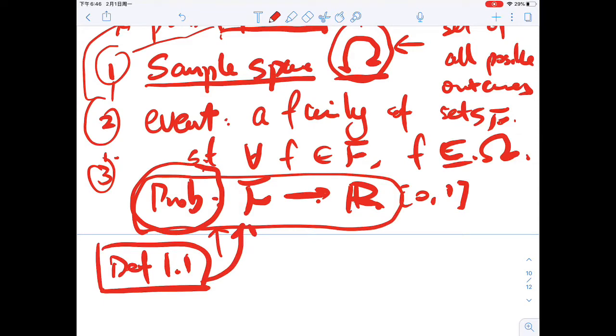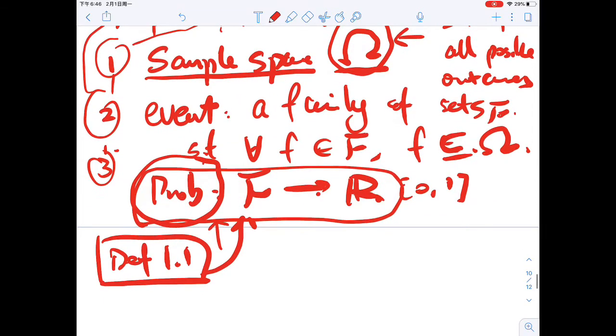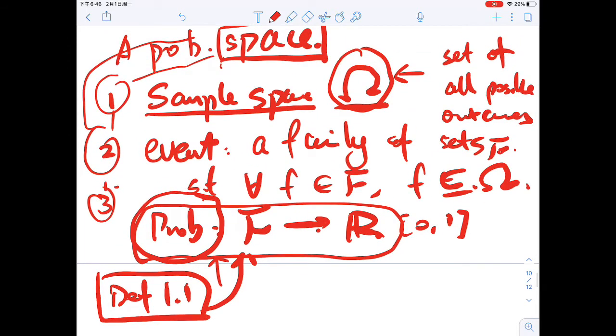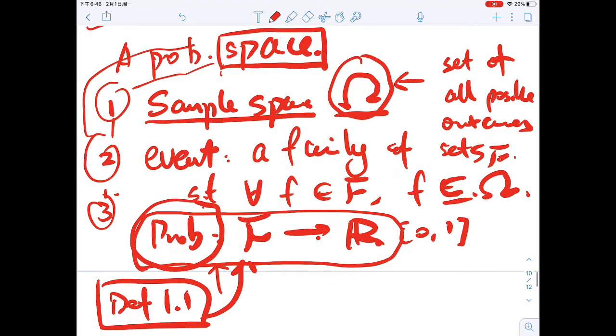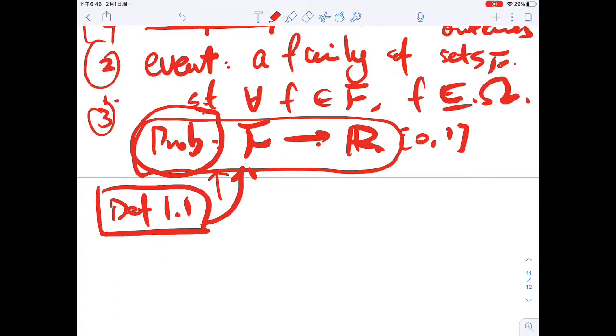So you can also read your textbook while watching this lecture video. So what does that mean? If you have just done one probability class, the structure here looks very strange. Let's use a roll of dice as an example.